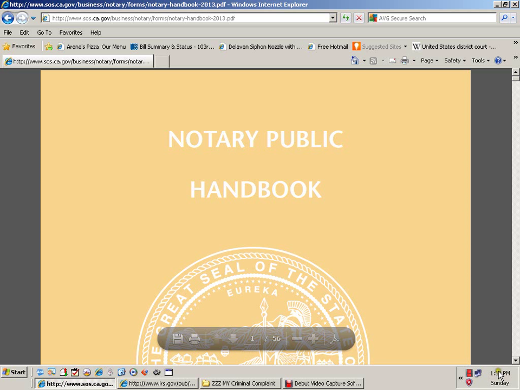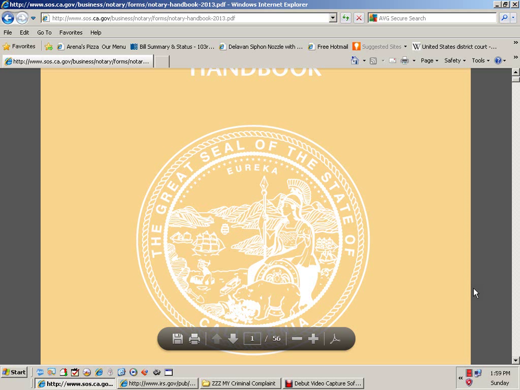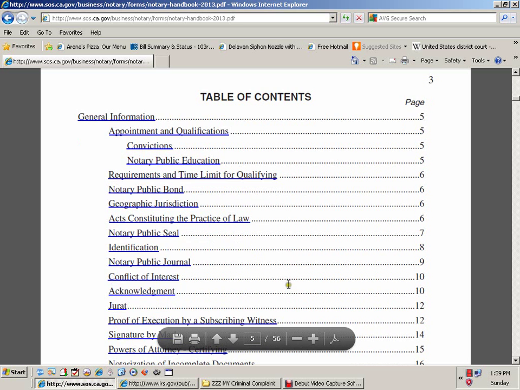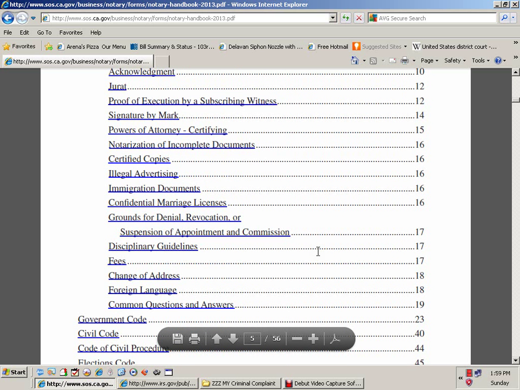Excellent. So, this really isn't about notaries, but I just wanted to point something out. This is the Notary Public Handbook for the state of California, 2013 version. Look at the table of contents.